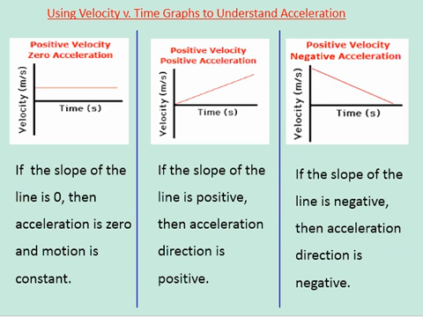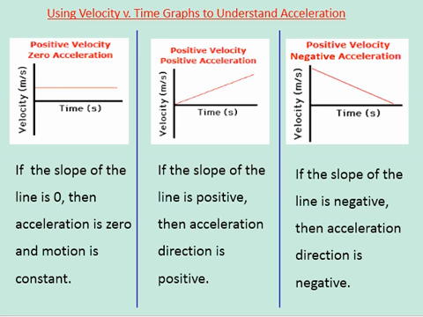So let's look at the 3 velocity versus time graphs that we might see in our study of motion to understand acceleration. The first one here is a horizontal line. The slope of that line is 0. It indicates that the acceleration is 0 and the motion is constant for the object.